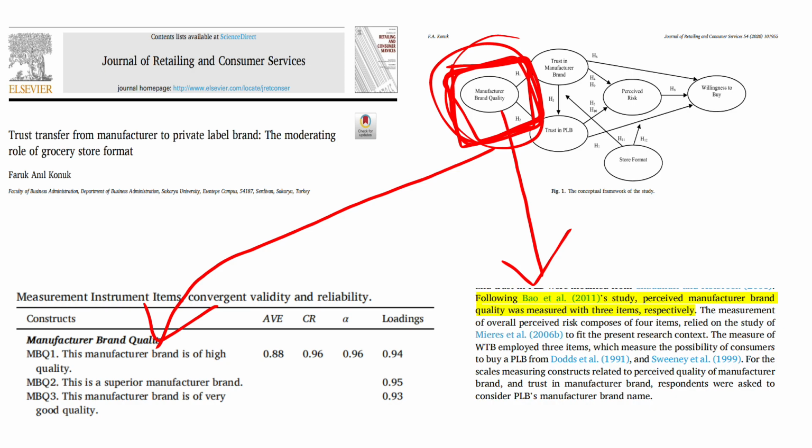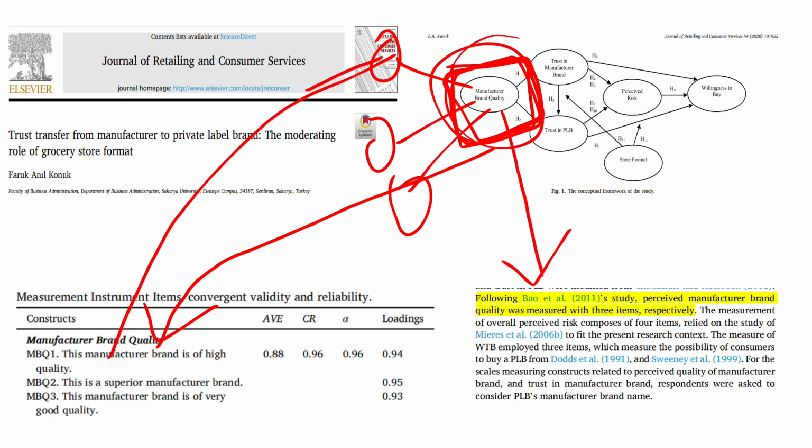These questions might sound similar, but yes, because this is a reflective construct, these three questions represent this, then this, then this. In a reflective construct we use similar kinds of questions to measure a particular construct.